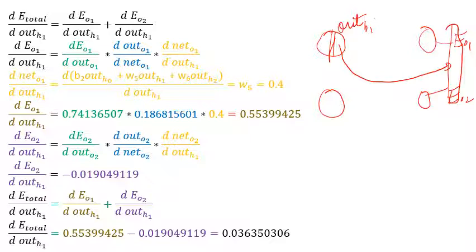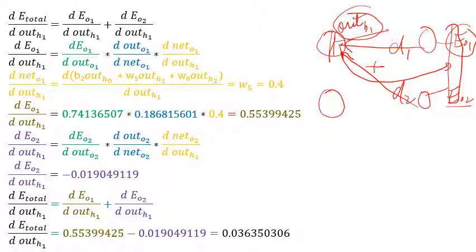Because gradient is a linear function, we can add it. So I have to add this gradient and this gradient. So I will calculate separately the derivative of eo1 with respect to out h1. Then I will calculate the derivative of eo2 with respect to out h1. And this is my derivative 1 and derivative 2. And then finally I will add these two derivatives to calculate the total error derivative with respect to h1, right? This is why we have written these two terms.